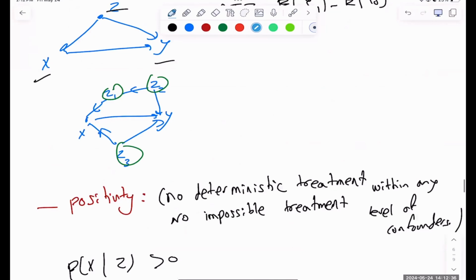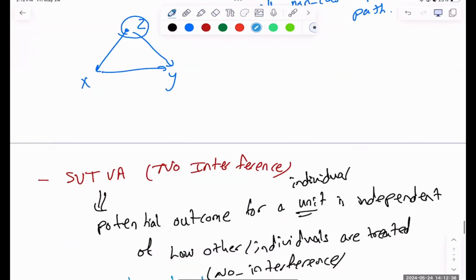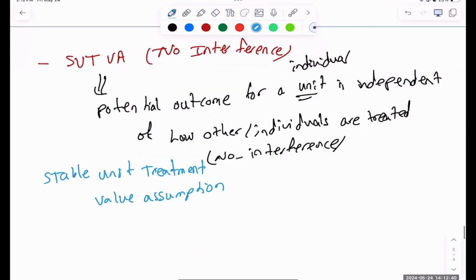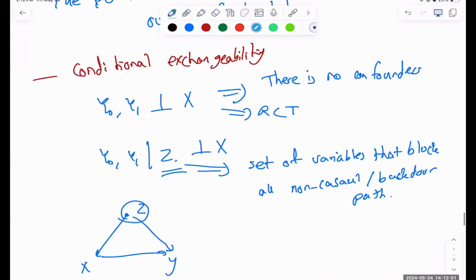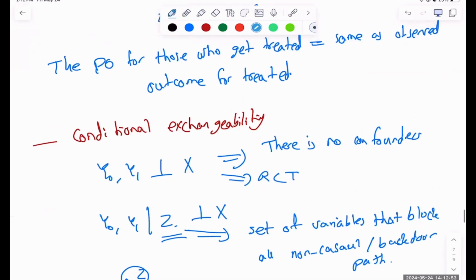Some of these are easier to look at in potential outcomes, some are easier to look at in the causal DAG, and that's why you need to know both of them fairly well. SUTVA is easier to look at in terms of potential outcomes. Conditional exchangeability is very easy to see in terms of the DAG.